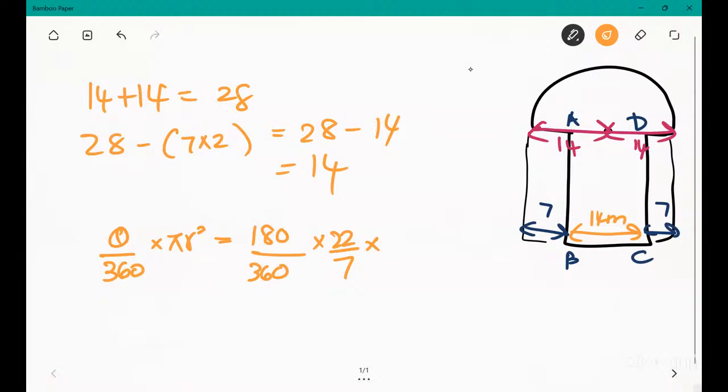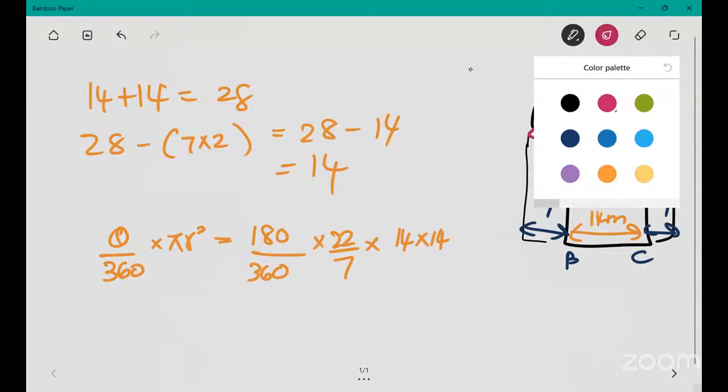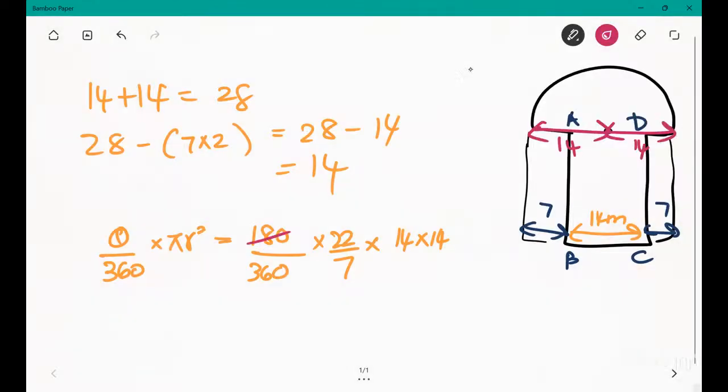Here 14 is the radius, so 14 into 14. Here you can very easily simplify. You know it's half a circle, so basically this becomes half.